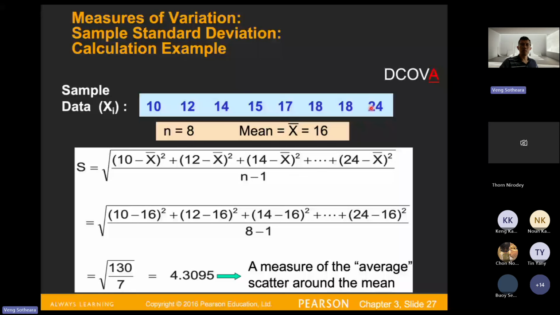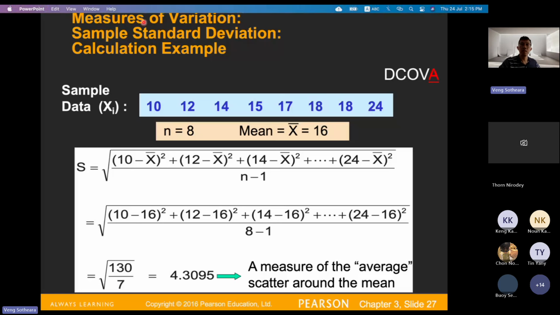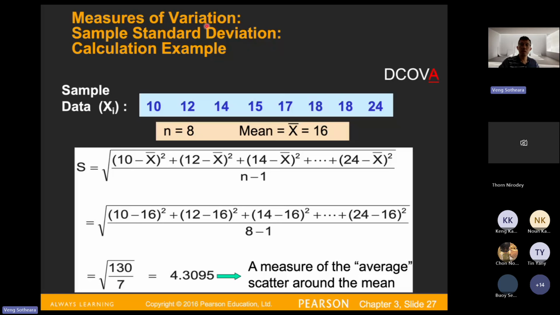Our goal is to come up with a measure that informs us how much they are away from each other, simply the measure of spread or measure of variation.